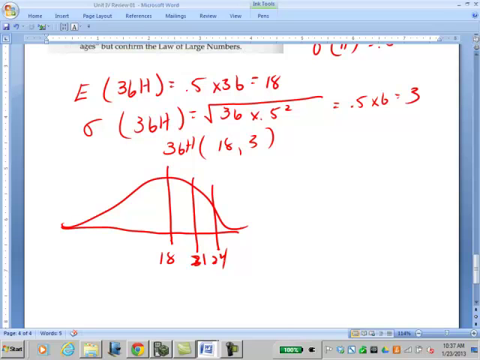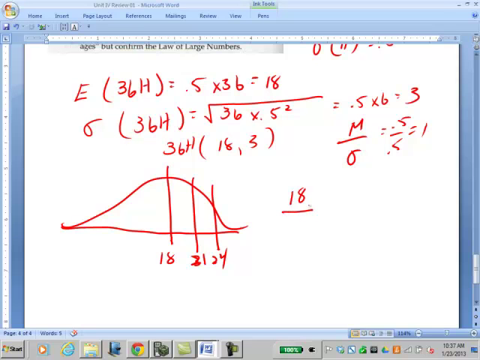Now, the ratio of the mean divided by standard deviation for 1 toss was 0.5 divided by 0.5, which was 1. What's the ratio now? It's 18 to 3.